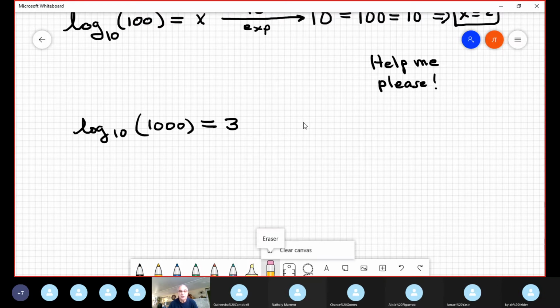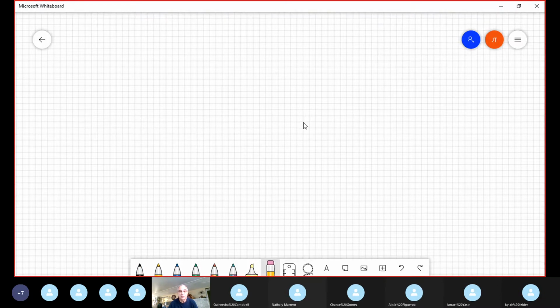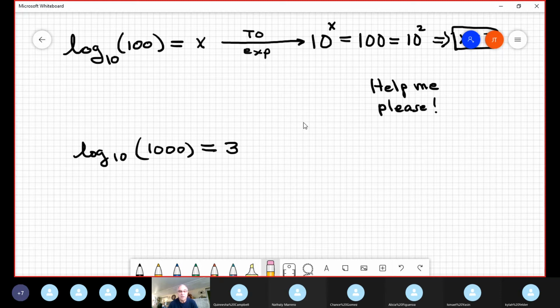Well, it's easy because you count how many zeros we have. In this case, 2 zeros, the exponent is 2. 3 zeros, the exponent is 3. Oh, it's super easy to find. Suppose we have logarithm base 10 of 1 million. 1, 2, 3, 4, 5, 6 zeros. What is the answer of this?